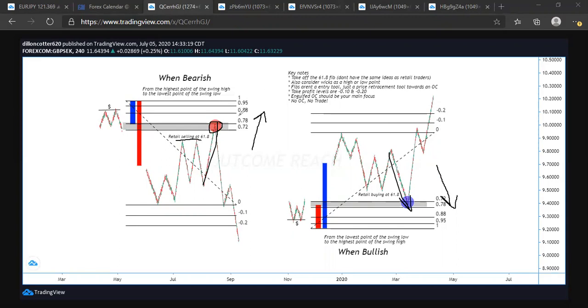So if you understand supply and demand, you should also understand that the banks want to sell at higher price levels and they want to buy at lower price levels than retail, right?